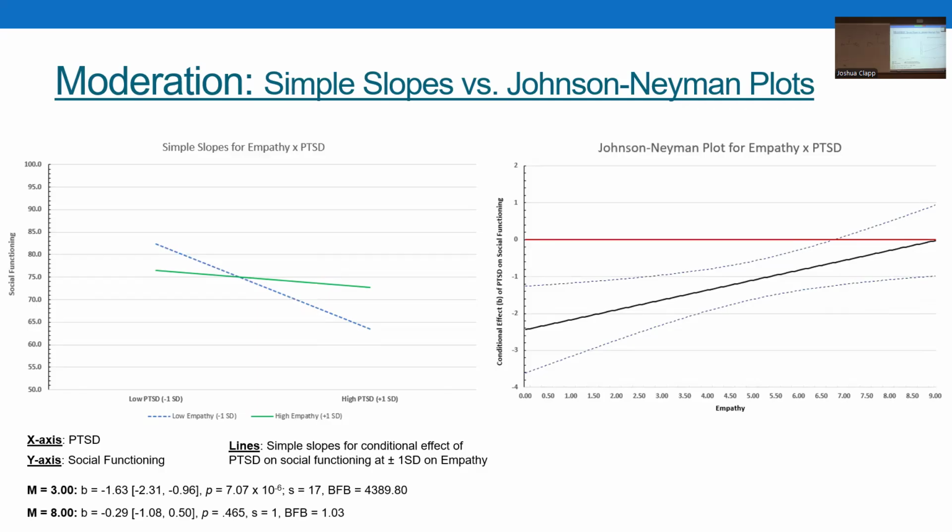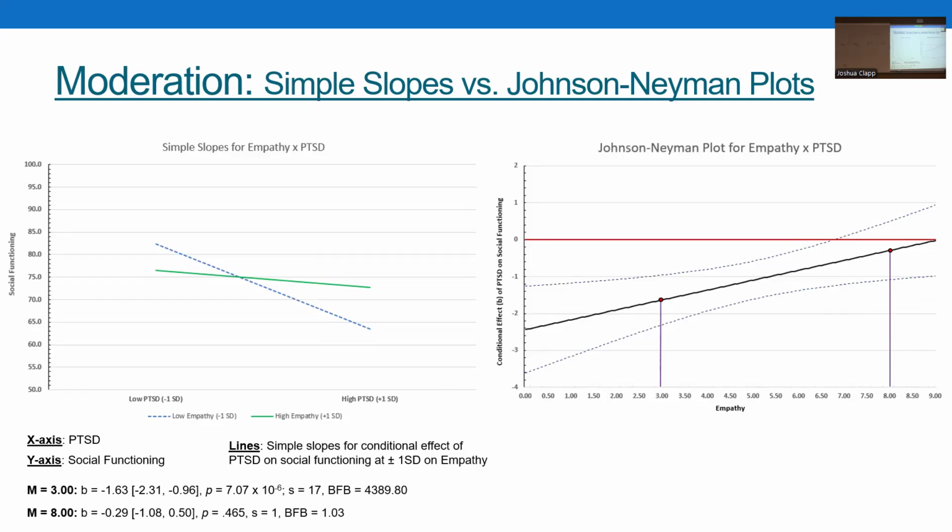Here, what I've got is the continuous conditional effect of PTSD on social functioning across the real range of my moderator. And I can say PTSD holds a negative association with social functioning over empathy levels until we get to, here's your low level and here's your high level.